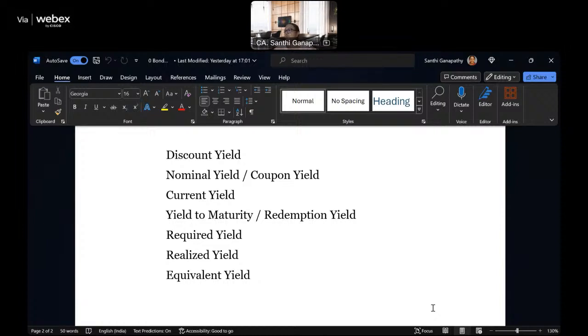So, if we do not have a coupon, you don't have a coupon for money market instruments. You don't have a coupon for zero coupon bonds, which are issued at a deep discount. Therefore, discount yield is used to calculate the yield on money market instruments or zero coupon bonds.